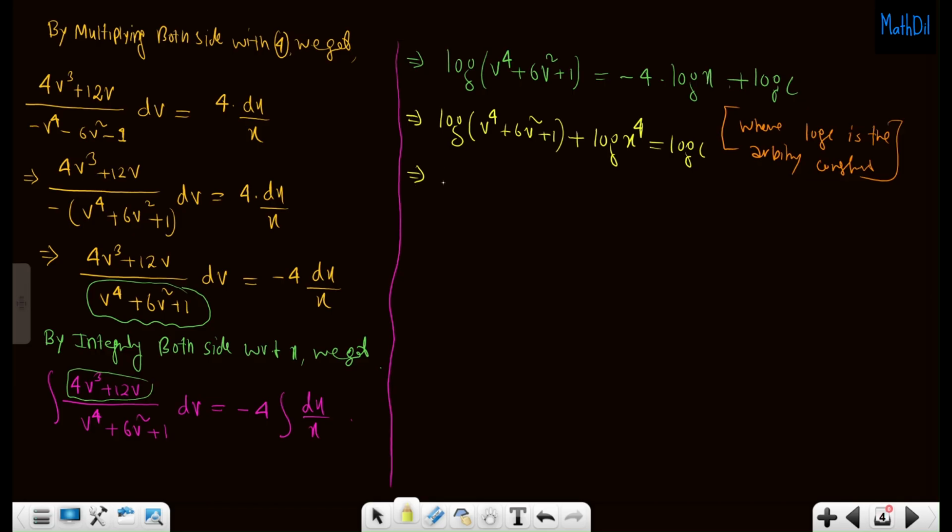And it will imply, see, by using the log property, what will you get? You will get that v to the power 4 plus 6v square plus 1 into x to the power 4, and it will be equal to log c, right? We are getting it by using the log property.